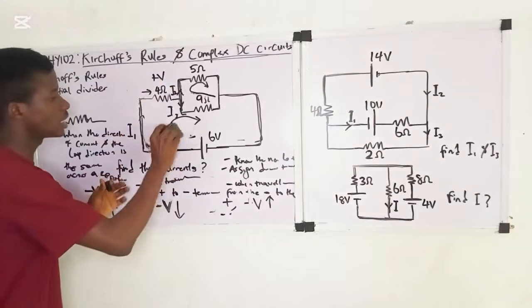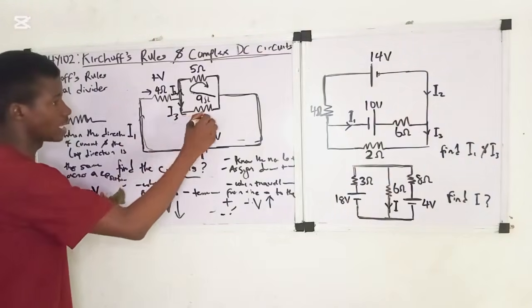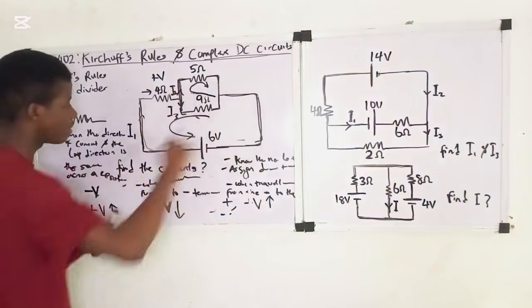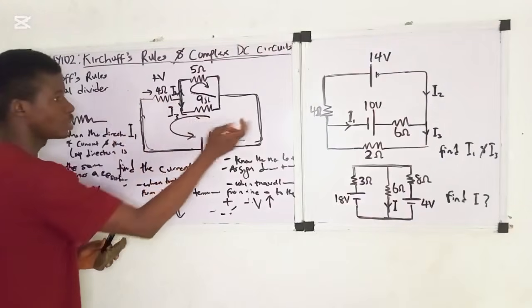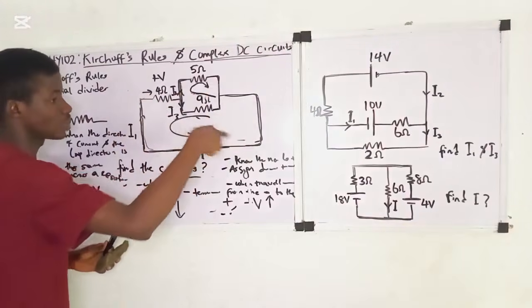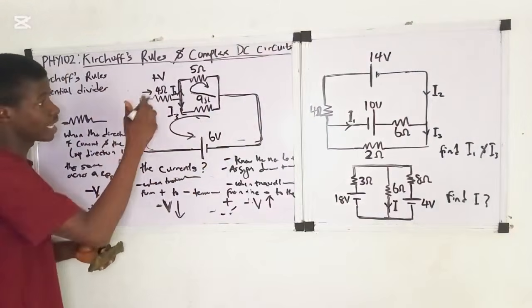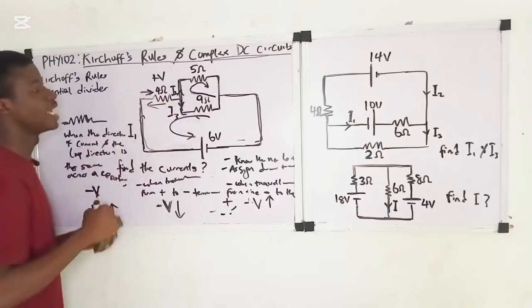Let's say, for example, the direction of this loop now is anti-clockwise, right? We are going like this. Remember, this is the direction of this current, going like this, clockwise, while the direction of this first loop is anti-clockwise, right? So if you look at this first one, the current direction is going like this and the loop direction is going like this. Yes.